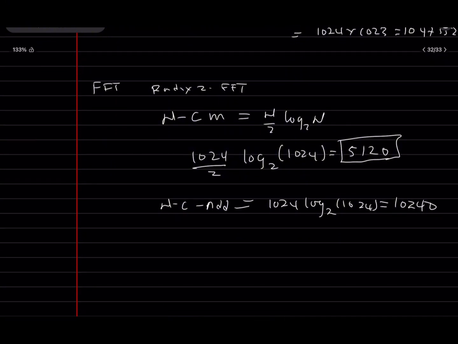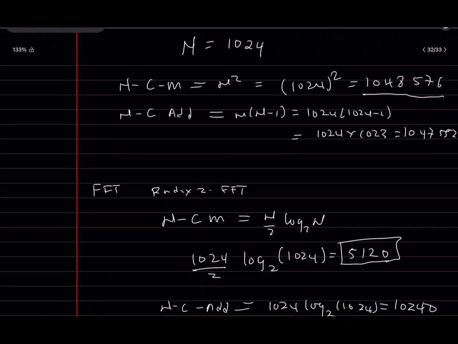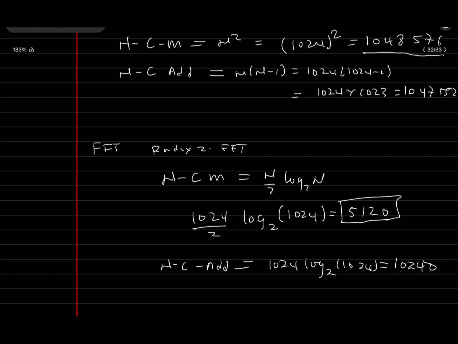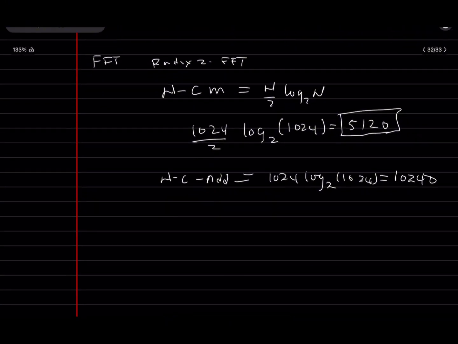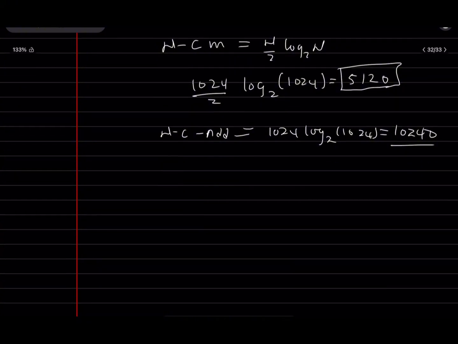And when you look at the addition side, it also reduces it from a very huge number, 1,047,552, to a very small number, 10,240, which is also a crazy number.